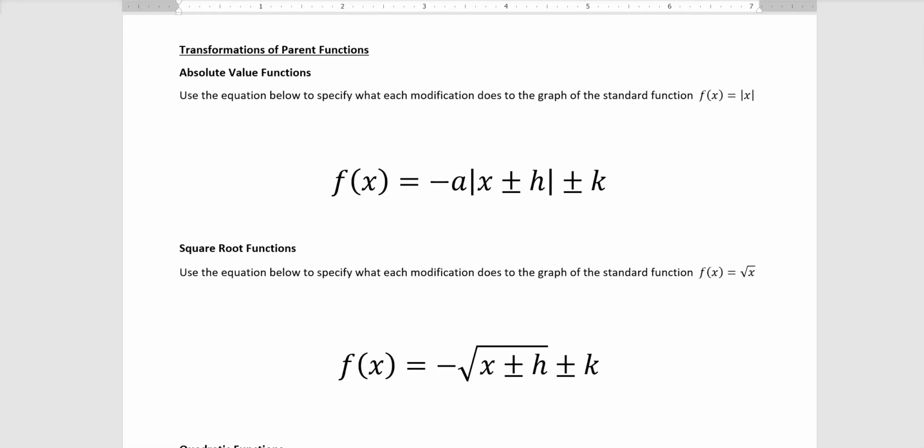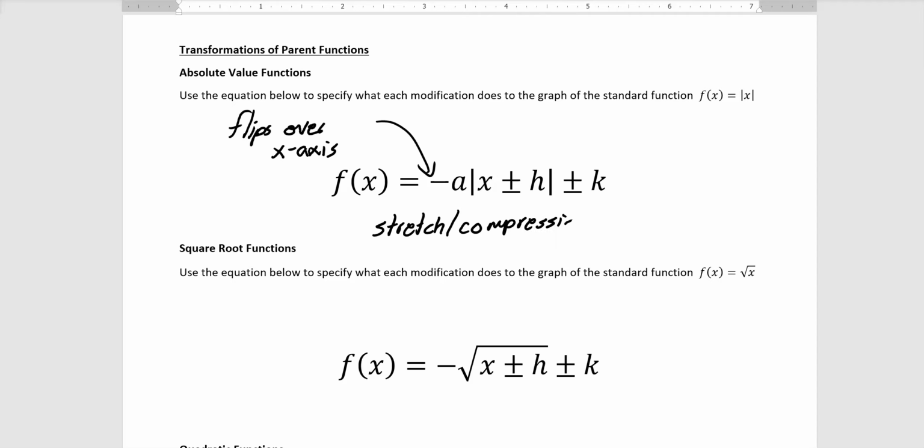So we have the negative symbol in front, we have A, we have H, and we have K. If we have a negative in front, that flips the graph over the x-axis. If we have a coefficient in front, an A value, that is the stretch or compression of the graph.